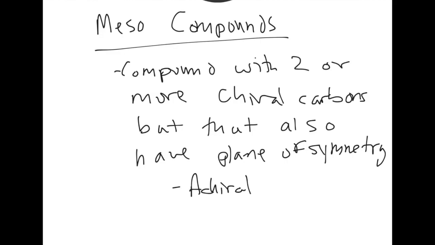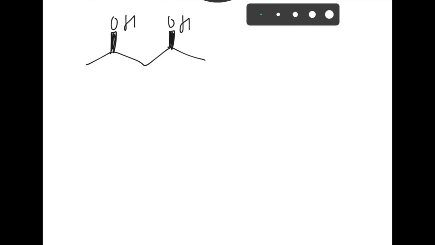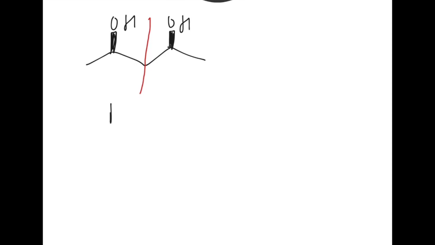So, what does this look like? Let's say we had this. This molecule has a plane of symmetry right down the middle, right? So this molecule is not chiral, even though it has two chiral centers. This compound is meso.